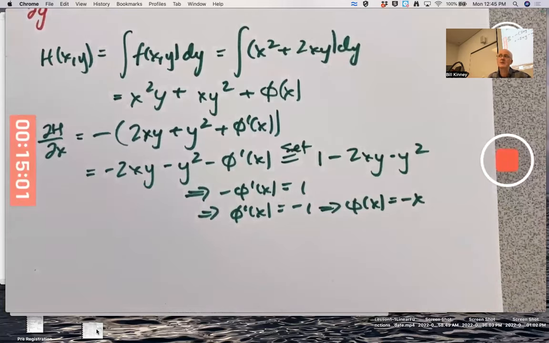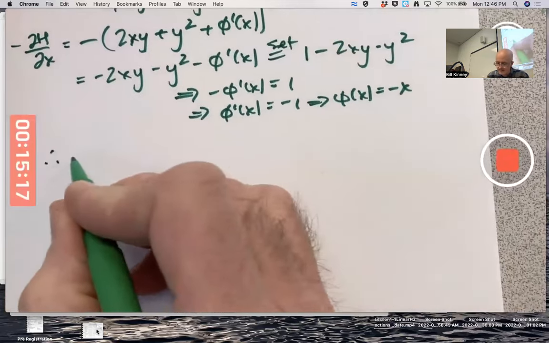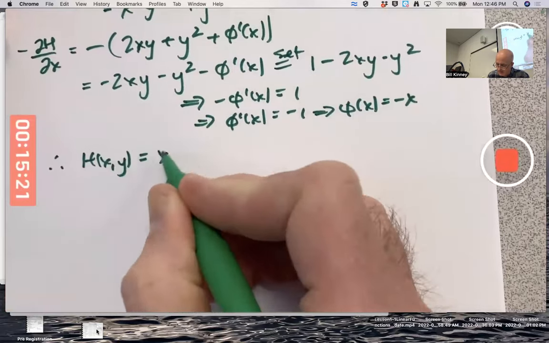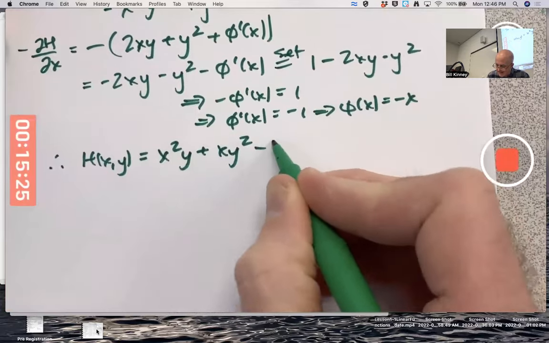You can have different Hamiltonian functions and get different outputs along those level curves, but we don't really care what the outputs are. We only care about the curves themselves. So we can take H, therefore H of xy can be taken to be x squared y plus xy squared minus x.